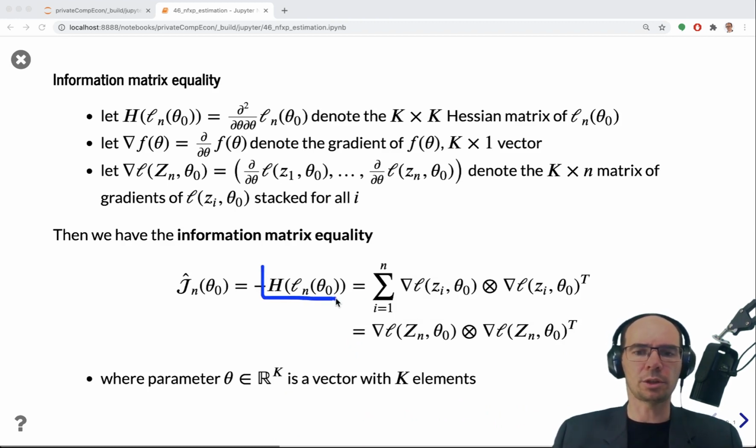And here we have just the Hessian matrix. All right, and this whole expression, the fact that the Hessian matrix is equal to the outer product of the gradient, is called the information matrix equality.